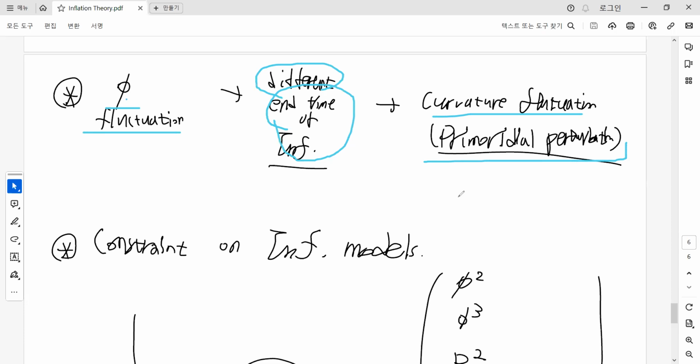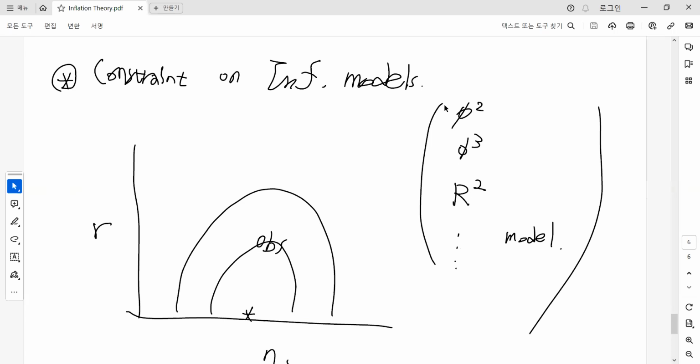And there are some constraints on several inflation models: the power law of the scalar field, and the R-squared model, which is the square of the Riemann curvature.